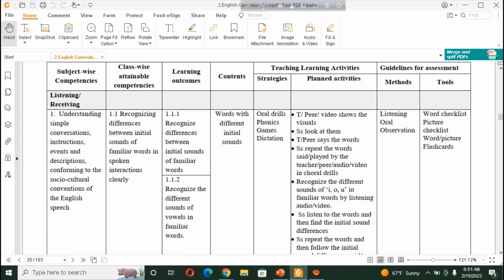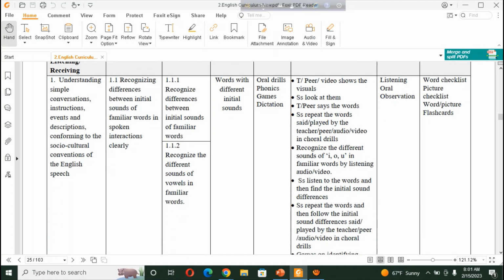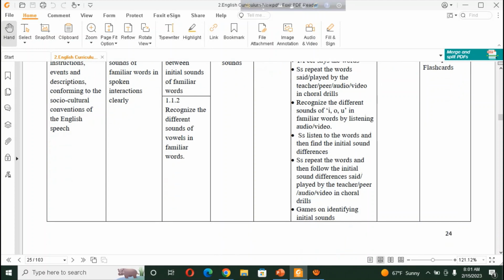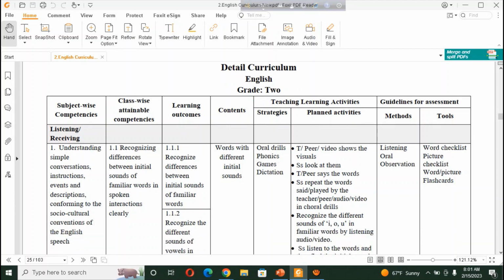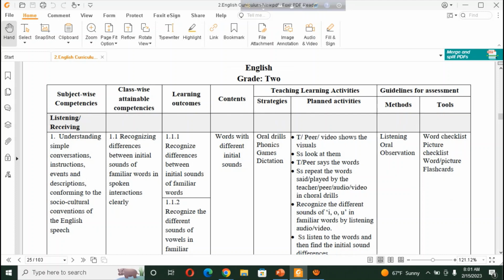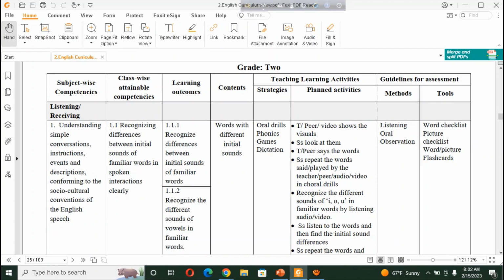understanding learning outcomes are given here, and this is the combination of the curriculum. We know in our new curriculum we have 9 terminal competencies, and this terminal competence is for listening.